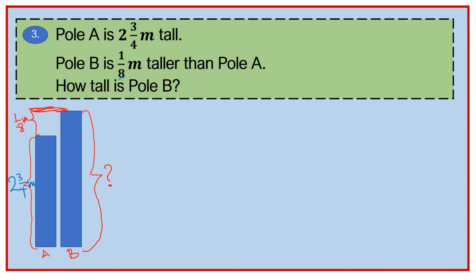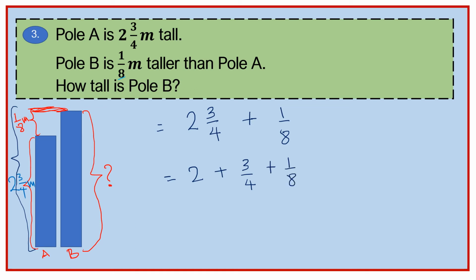So, to know the height of pole B, we have to get the whole of this part. So we have to get 2 and 3 out of 4 plus 1 out of 8. So we get 2 plus 3 out of 4 plus 1 out of 8. So we can say times 2 and here times 2.